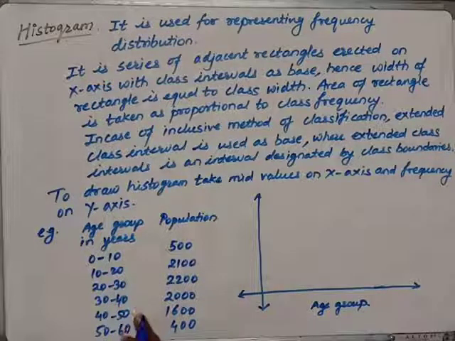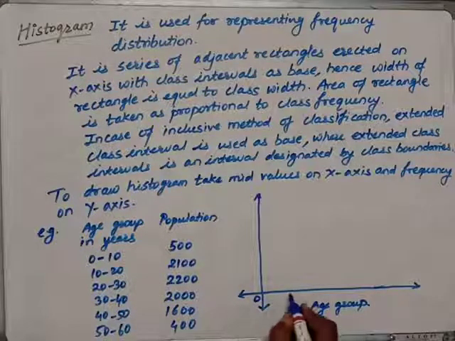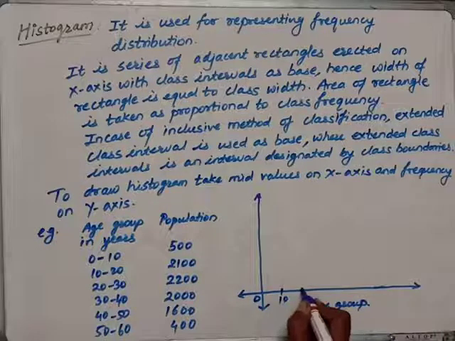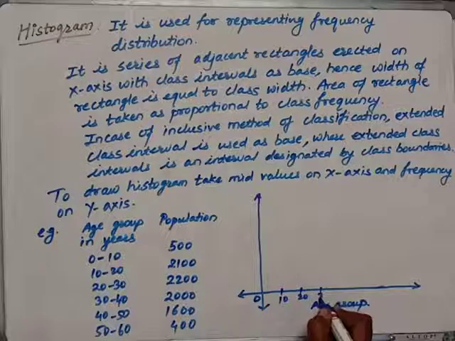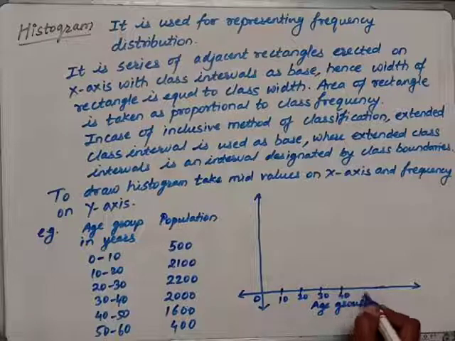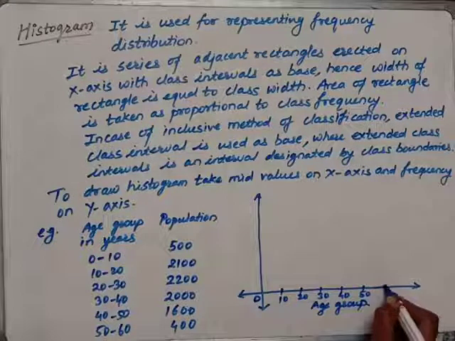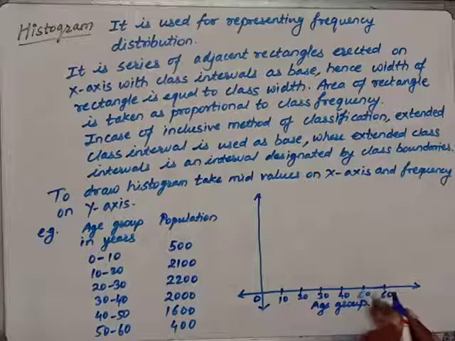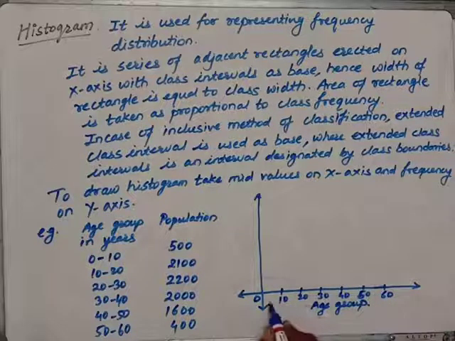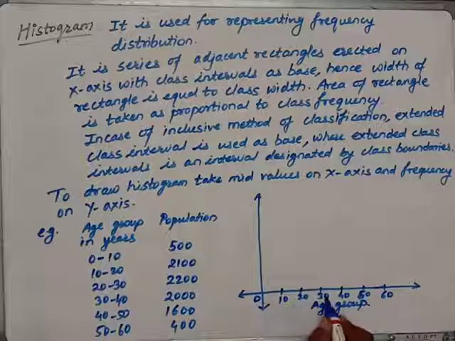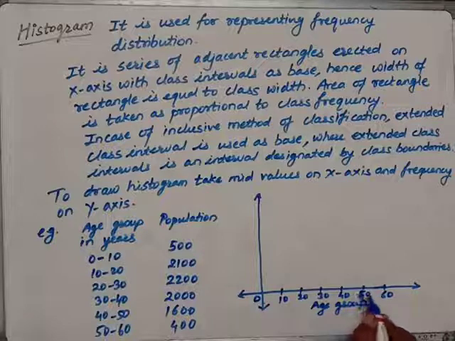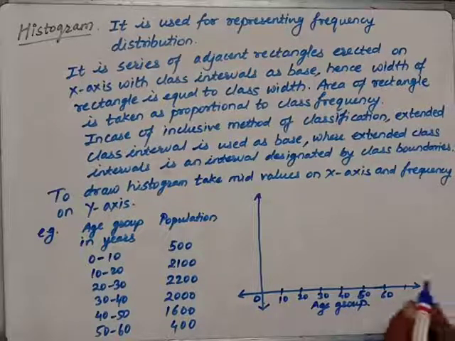Suppose here it is origin 0, 10, 20, 30, 40, 50, 60, and so on.